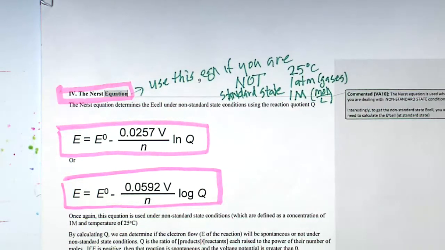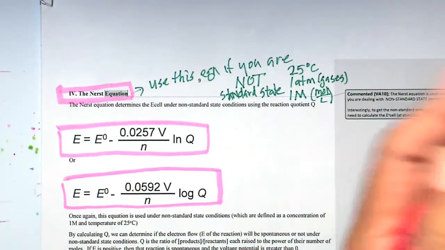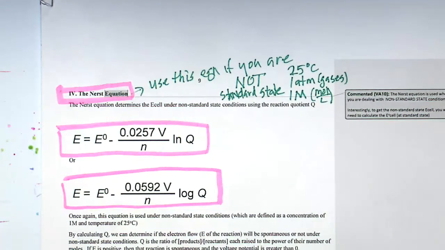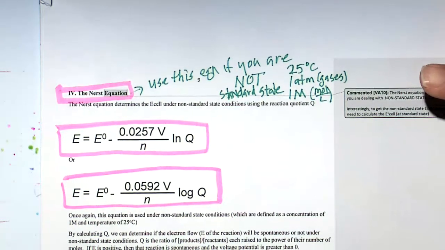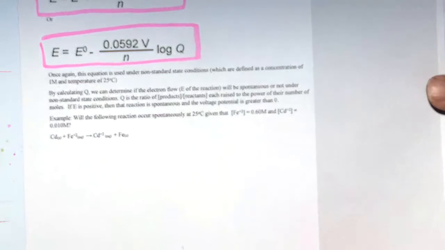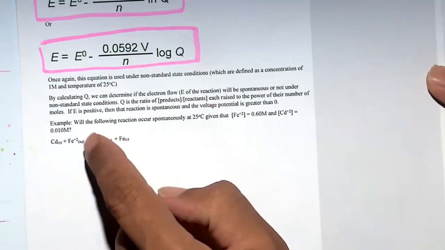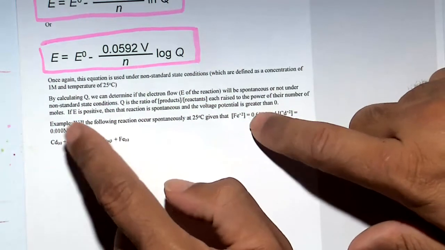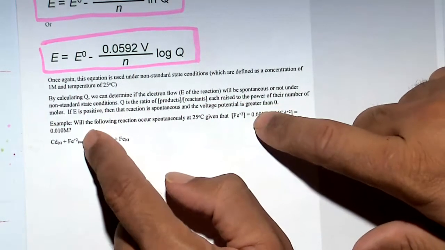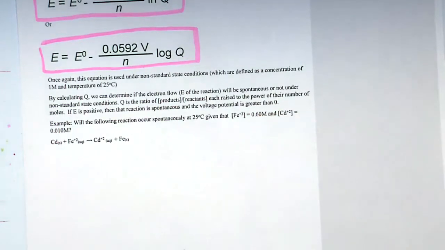Again, you will use it if you're not at standard state. A lot of reactions, for example in our body, don't occur under these ideal conditions, so here we'll use the Nernst equation. Let's do this example problem together.